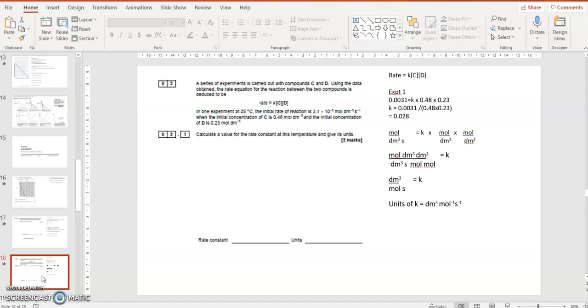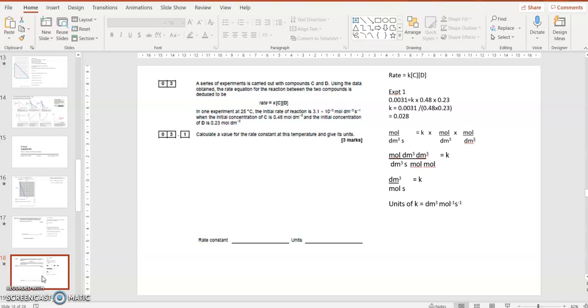And then it's asking you not just for the value of the rate constant at this temperature, but to give its units. Straightforward question. Moles divided by decimeter cubed divided by seconds is k. And then we've got two concentrations, C and D, so it's moles divided by decimeter cubed, moles divided by decimeter cubed. Take the decimeters cubed from the bottom on one side and put them on the top on the other.